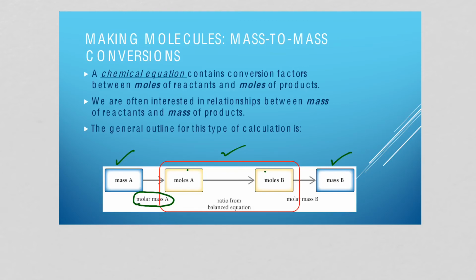And notice it's a 3-step process. We have to convert mass into moles. Then we have to go from moles of what we know to moles of what we want to know using our ratio. And then we have to use the molar mass of whatever that material is to get to mass. So, a 3-step process here. So let's try an example.